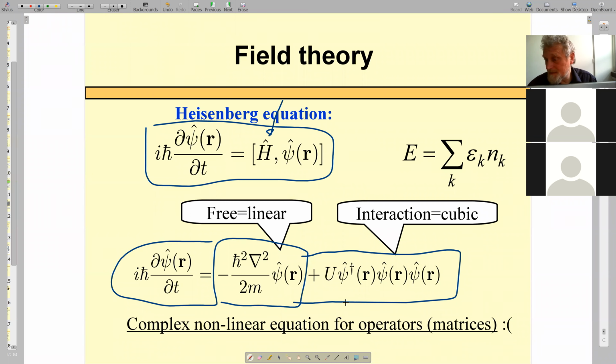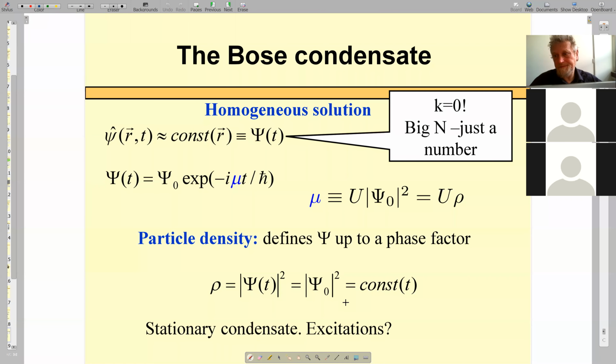But funnily enough, we can have good intuition and some working platform with this field theory. What is the crucial point?